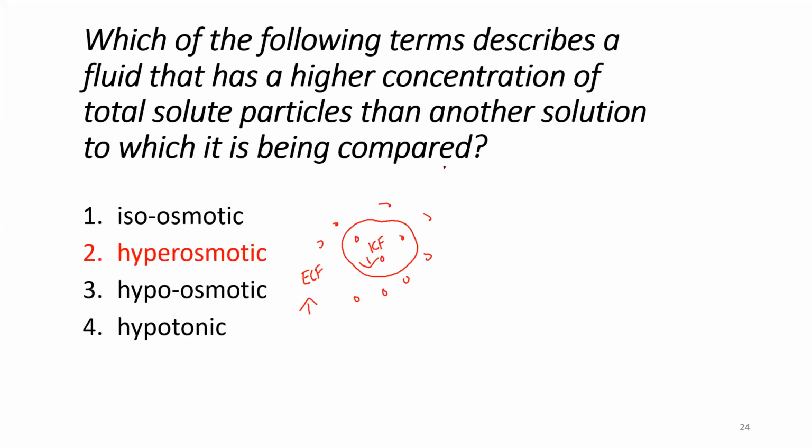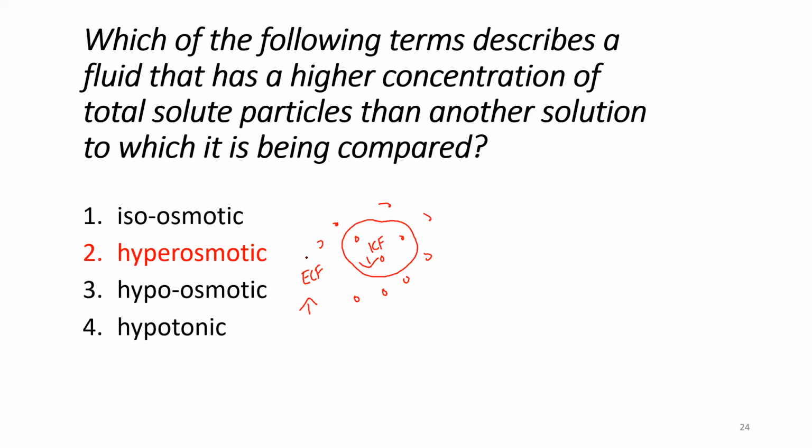So is it referring to the concentration outside of the cell rather than inside for these types of questions? It usually is referring to the extracellular fluid, but this can be any relationship. We're just talking about any fluid. So if you think about a fluid and we're saying that it has higher concentration than another solution, that's hyperosmotic. So it's usually one fluid relative to another.